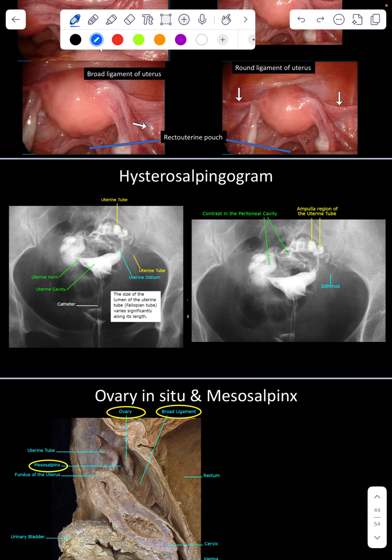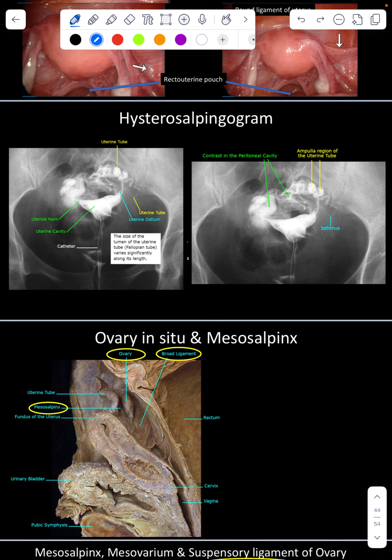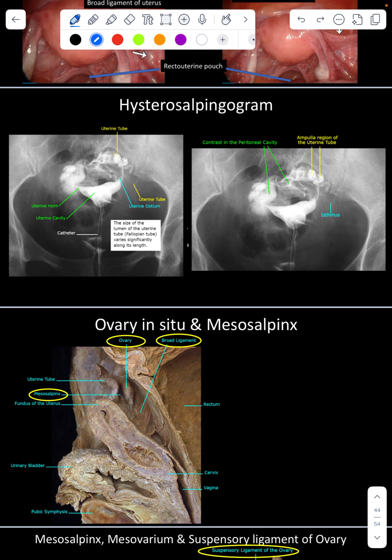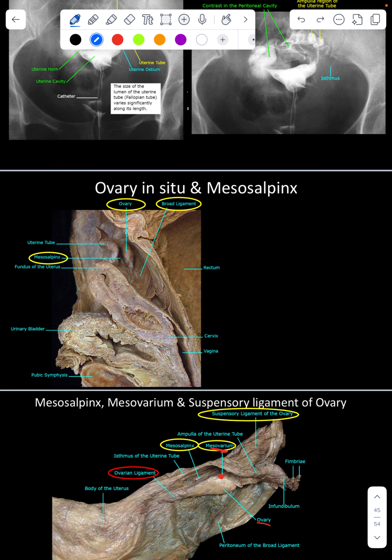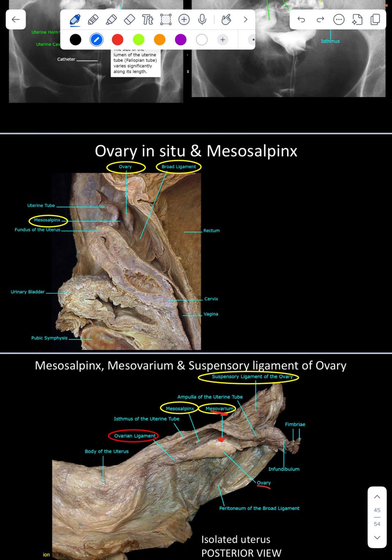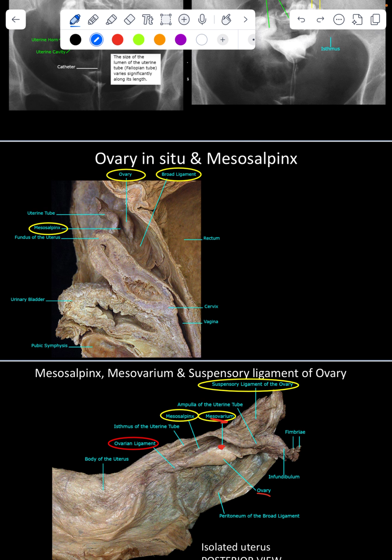Pouch, nothing's highlighted here. I doubt she'll use this. I feel like she's going to use the actual images. Over here, we said ovary, and this whole upper part is the mesosalpinx.